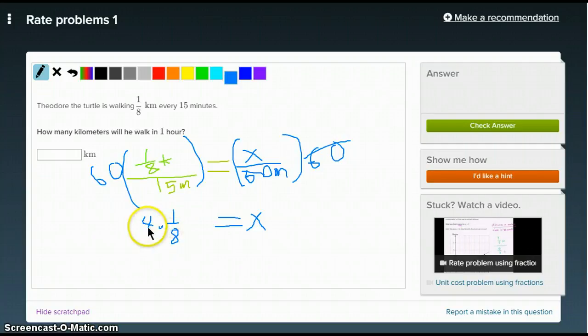So that's 4 times 1, and 1 times 8. So that's 4/8 of a kilometer, which simplifies. You can pull the 4 out of both the top and the bottom. That simplifies to 1/2. So let's try that.